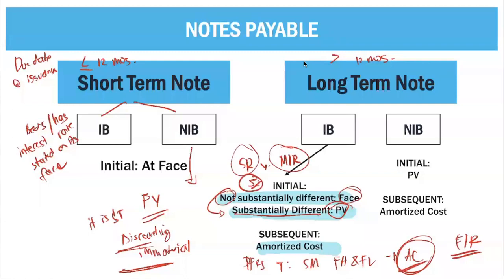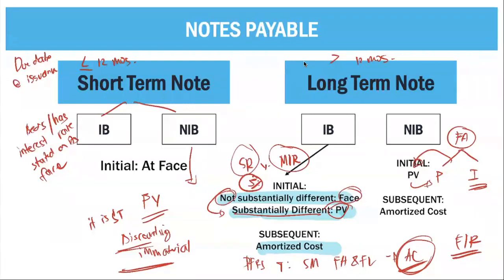Since in non-interest bearing, we assume that the face amount of the note bears both the principal and interest. So we just need to get the present value to show the value of our principal, and whatever is left is considered your interest.